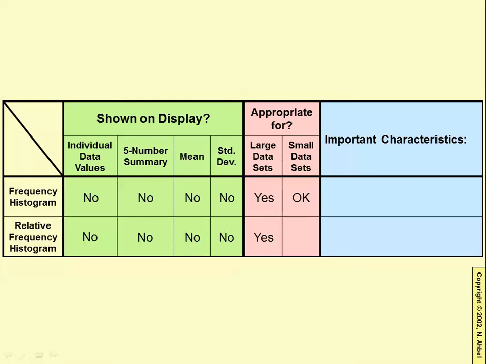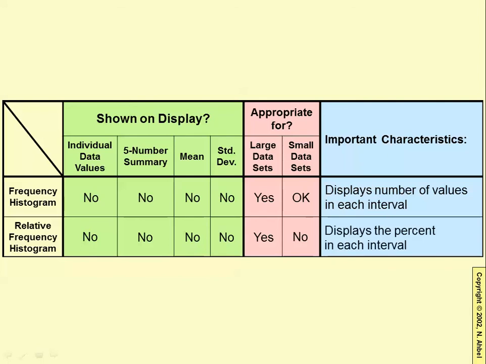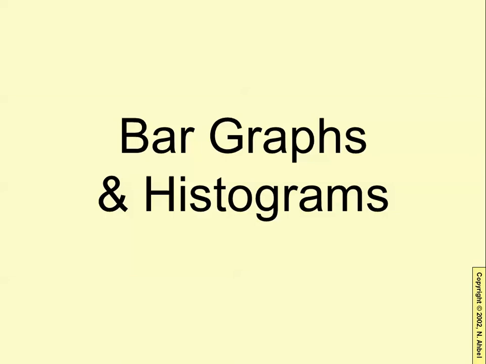They are okay for small data sets, but not good for very small data sets. And the important characteristic of the frequency histogram is it displays number of values in each interval, and the relative frequency histogram displays the percent in each interval. And that gives you an overview of the two displays for univariate data sets, bar graphs, and histograms.